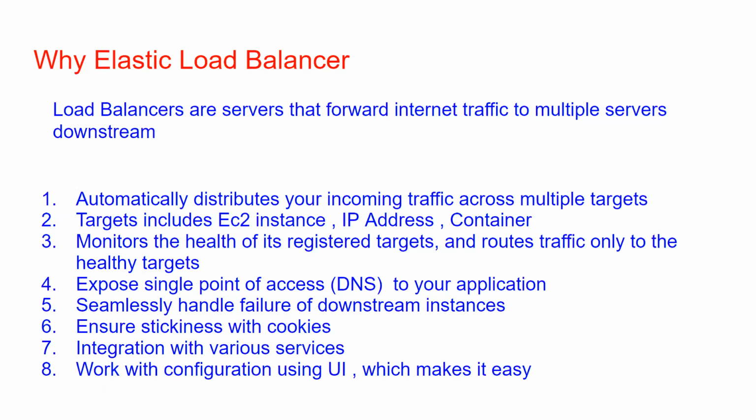Then it has integration with various AWS services, and you can configure it using the UI. In the examples we did, whether it was the application or network load balancer, we set it up through the UI only. There was no programming requirement, though we can set up using CLI, CDK, etc. But setup is very easy.